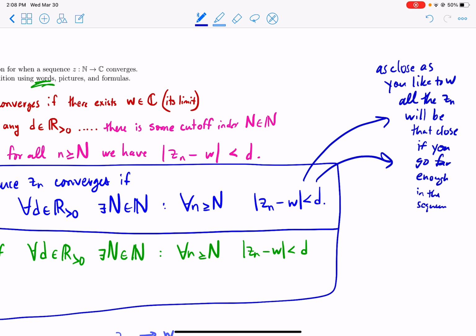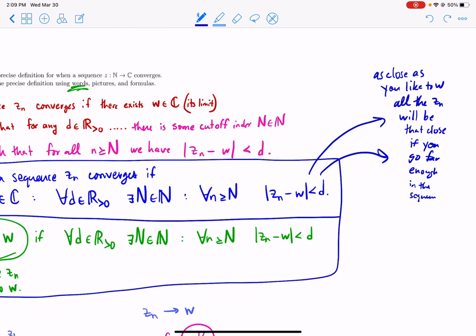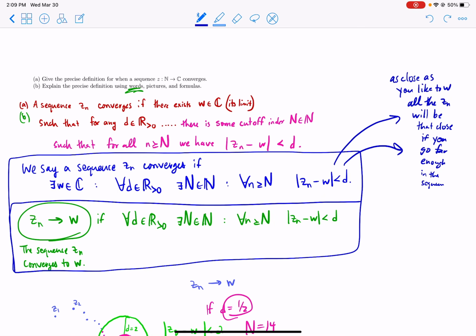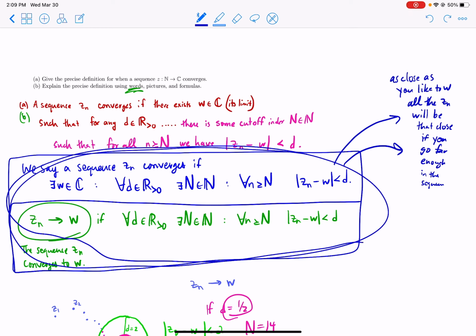What's far enough? Well, there exists a cutoff index such that all the indices past that are, in fact, that desired closeness to w. It really requires you to use your own words and pictures and try to come to an understanding of these symbols.